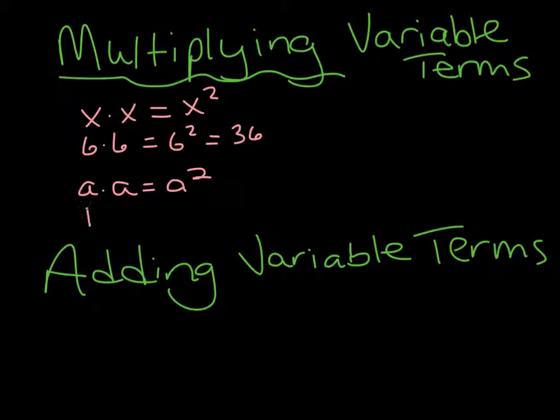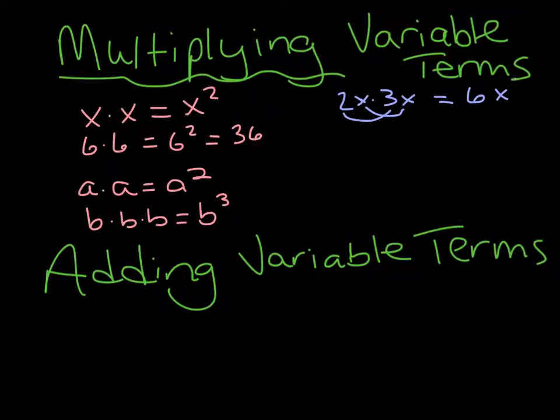Now if I had b times b times b, what do you think that would be? Okay, hopefully you said that would be b to the third power. So again, if I don't know what the number is and we have a variable there, then we can just add on to my exponents. If we have some numbers in there, like in the last one I did 2x times 3x, I can multiply the coefficients together, which would be 6, and then x times x is x squared.